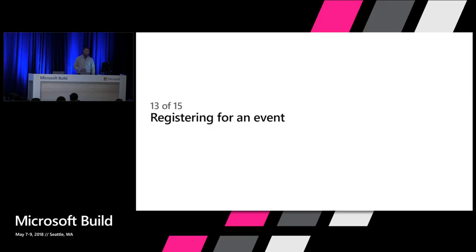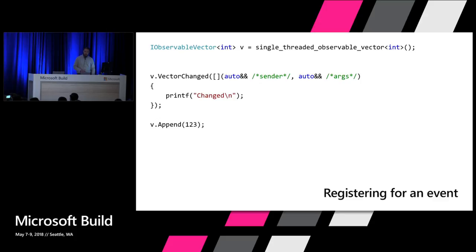And so the main scenario that we want to use delegates for in the Windows runtime is for events. And let me quickly show you how that works. So we might have an implementation, and I'm going to pick on the single-threaded observable vector function, which returns an IObservableVector implementation. It happens to have an event called VectorChanged. Now that VectorChanged event actually accepts a VectorChangedEventHandler.